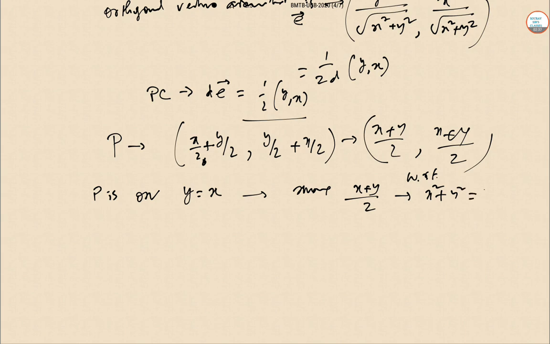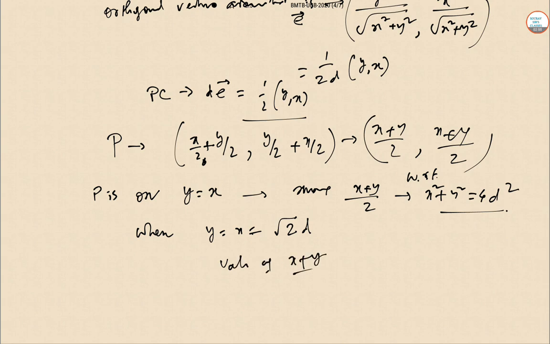x square plus y square equal to 4d square. It is achieved when y and x are the same, and that is equal to root 2d. So the value of x plus y by 2 has to be greater than d.